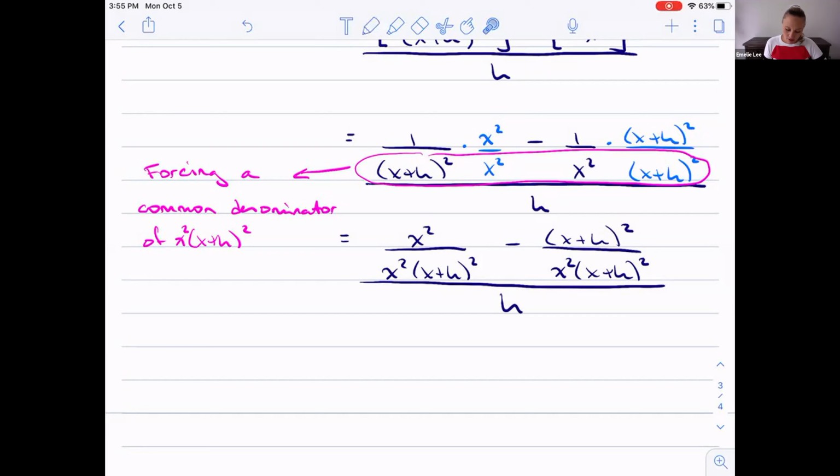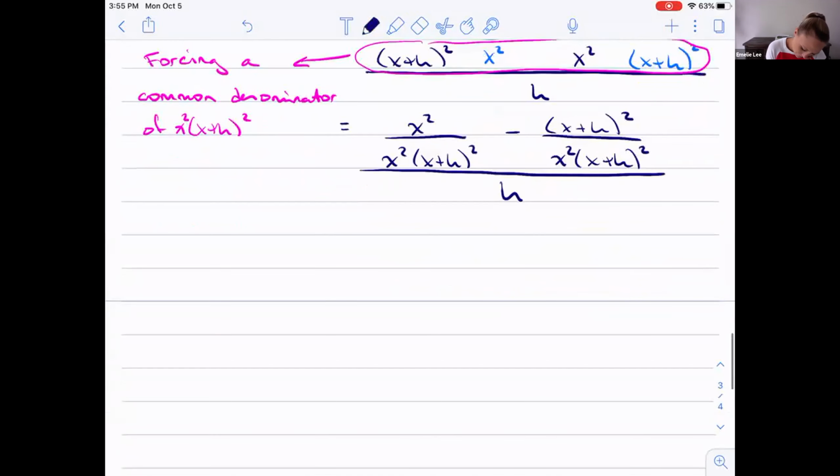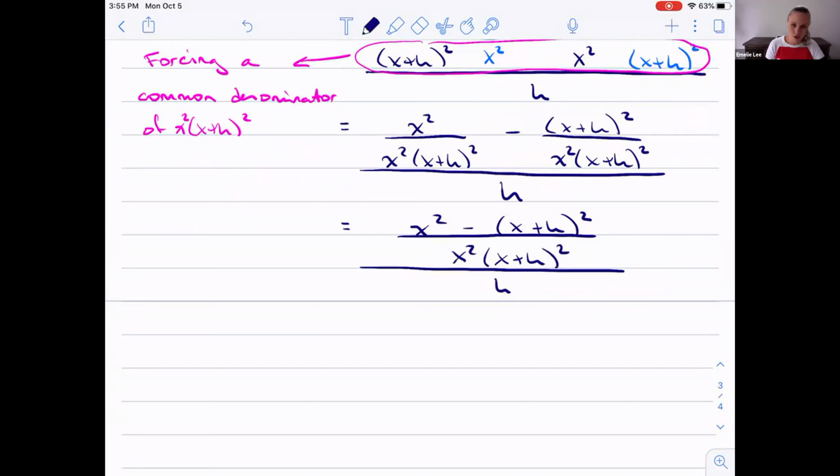Now that we have a common denominator, we can subtract the numerators and put them over that common denominator. So we get x squared minus x plus h squared all over x squared times x plus h squared, all over h.